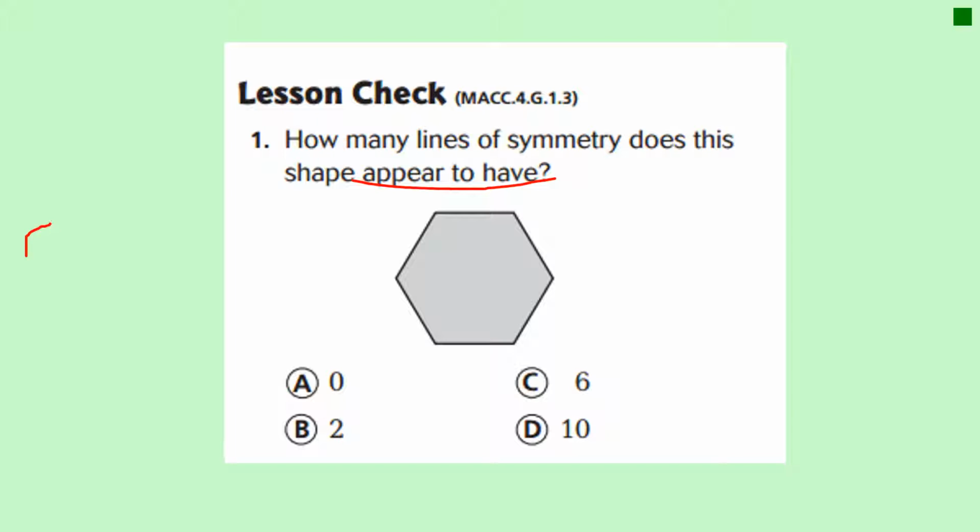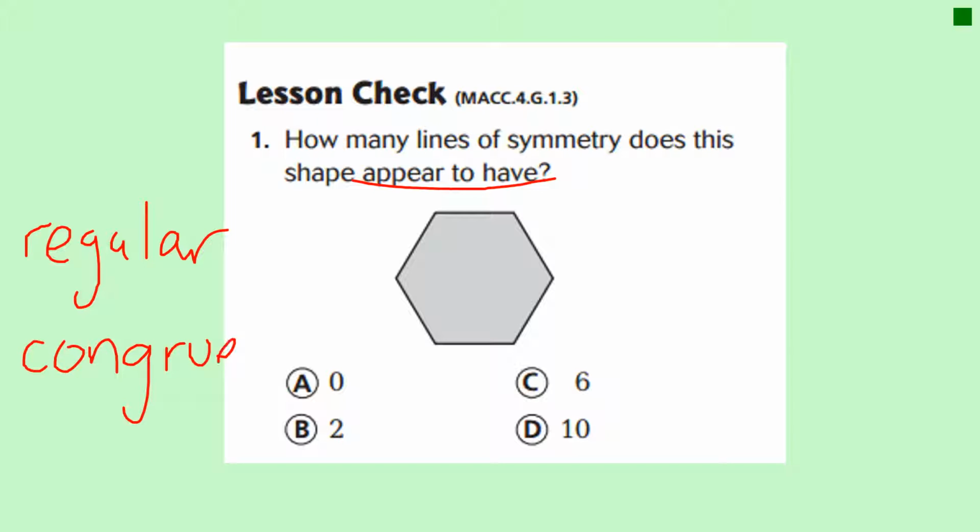When a shape is called regular, that means that all the sides and angles are congruent. Congruent means same shape and size. So this is a regular hexagon. All the sides appear to be equal and all the angles appear to be equal.